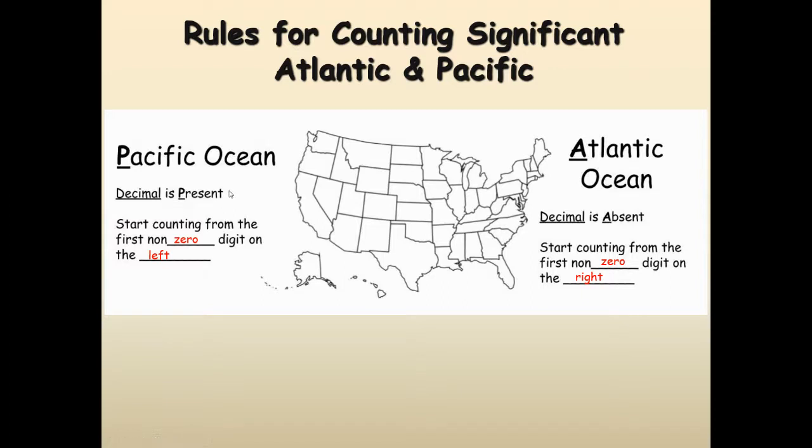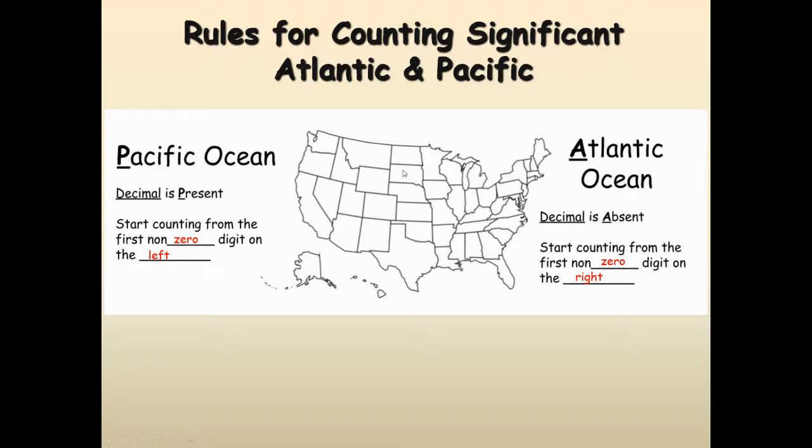All this means is you are going to start counting from the first non-zero digit you hit on that left-hand side, because Pacific Ocean is the left-hand side. So we're going to be given a number, and we are going to start counting once we hit that first non-zero digit from the left. Non-zero means, of course, it's not a zero. So it's a number between 1 and 9.